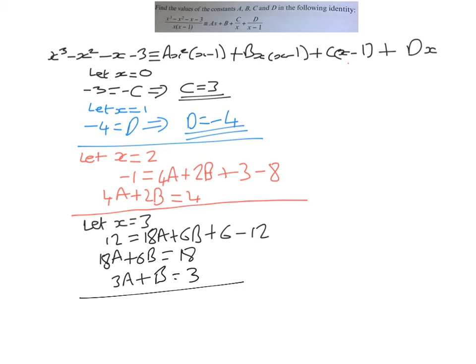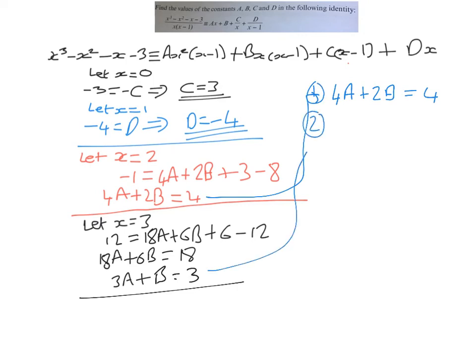Let's go up and deal with this. 4A plus 2B equals 4. That's number 1. Number 2 is from here, 3A plus B equals 3. Now create a third equation. I can do that by doubling number 2.